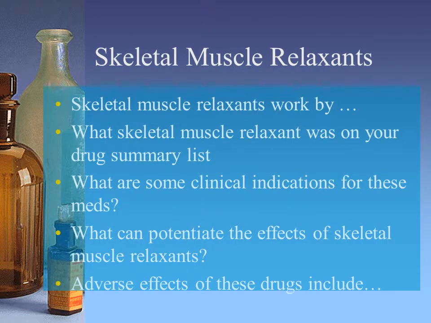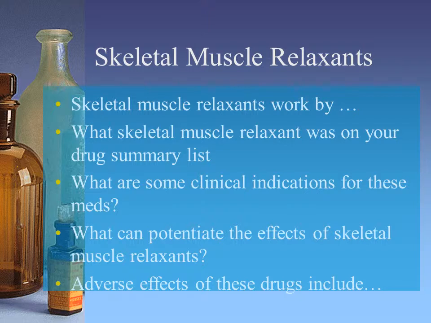So let's start off with skeletal muscle relaxants. They work by blocking the neuromuscular receptors, so therefore they can limit how much a muscle contracts. If you remember those actin and myosin fibers, they interfere with those being able to slide and cause a muscle to contract.